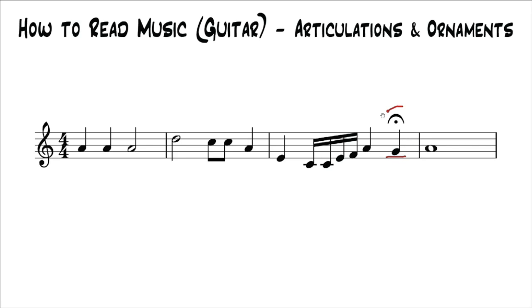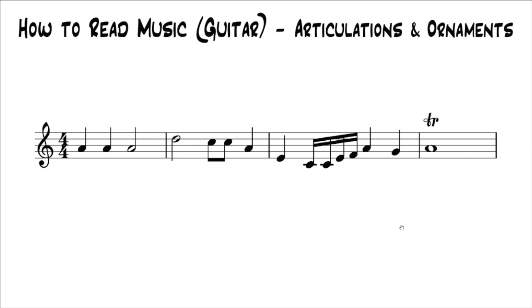But when you have a fermata above it, it's telling you that you can hold this out for as long as you feel. You're pretty much creating a type of pause in the music where it's kind of freezing around that note, and you can hold that for as long as you feel in that piece and then move on to the next note and everything comes back into time. So just be aware if you see that, that's what you're doing. That's telling you you have control over how long this note is held out.